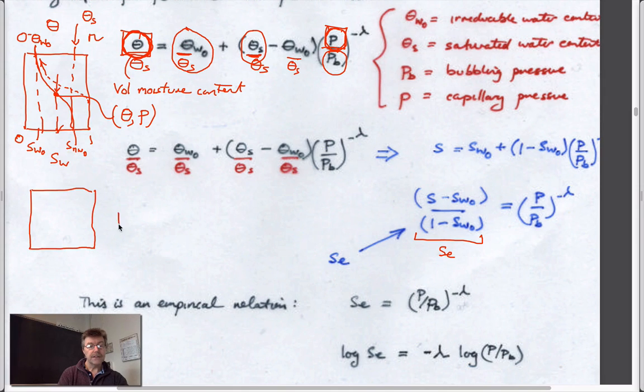take the capillary pressure versus saturation curve that looks like this. And so the effective saturation is basically taking this curve and cutting it off at this point here. So that this is an effective saturation at the top, and it goes between 0 and 100%.